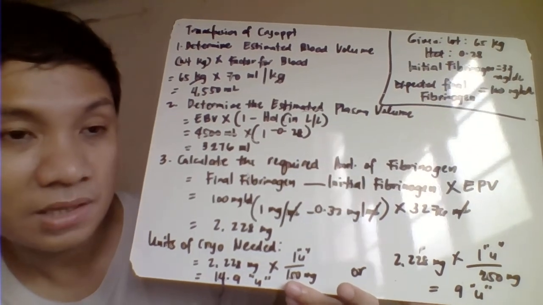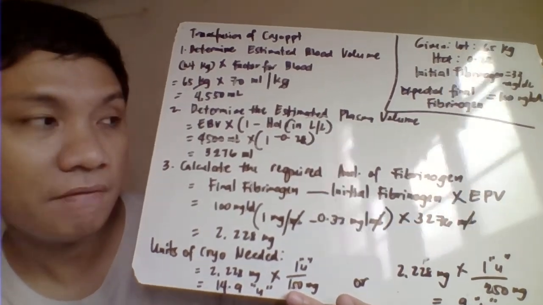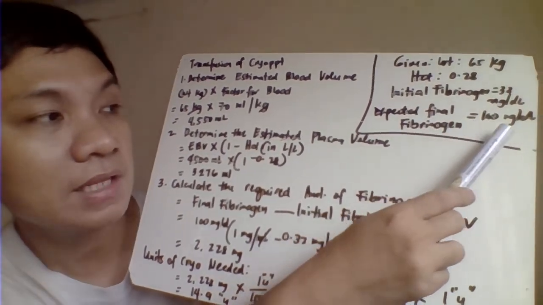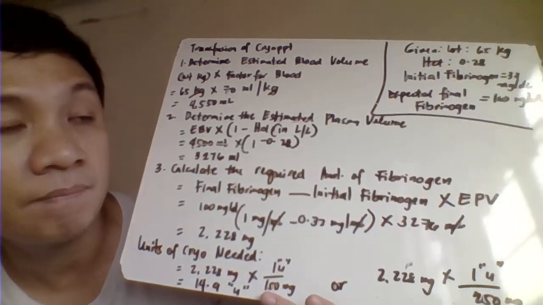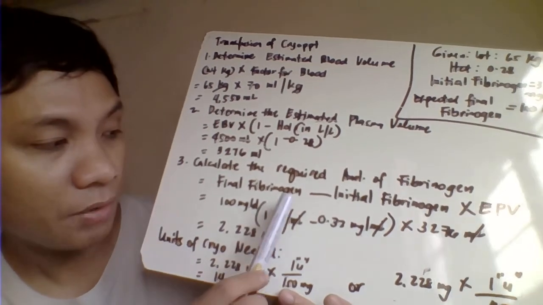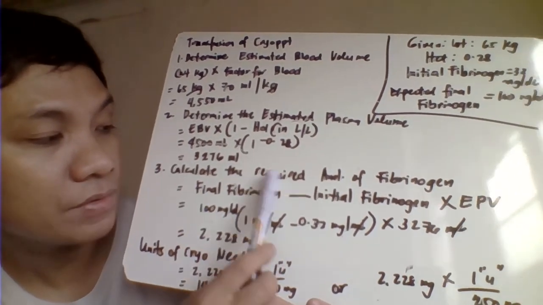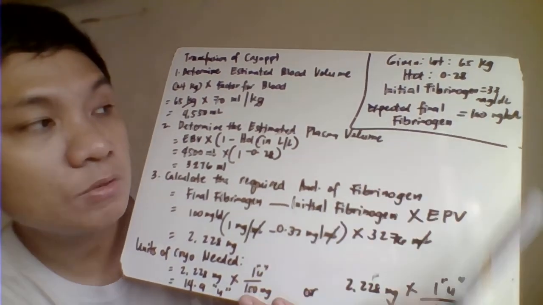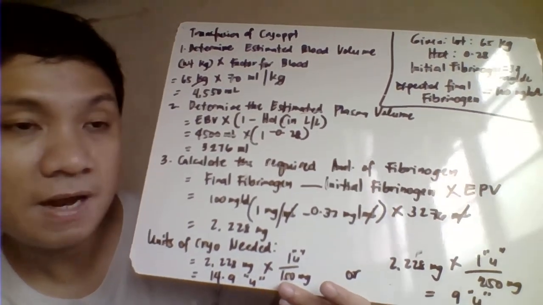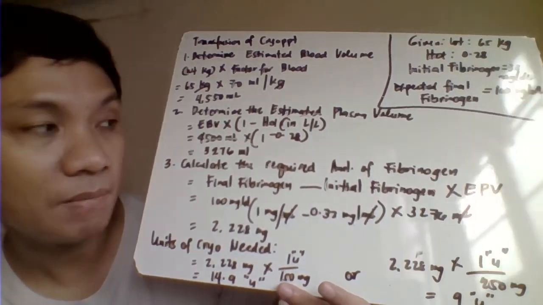Next, compute the amount of fibrinogen needed to reach 100 mg per dL, which is the expected final fibrinogen concentration. Our formula: the final fibrinogen concentration, 100, minus your initial fibrinogen, that's 32 mg per dL, multiplied by your estimated plasma volume.